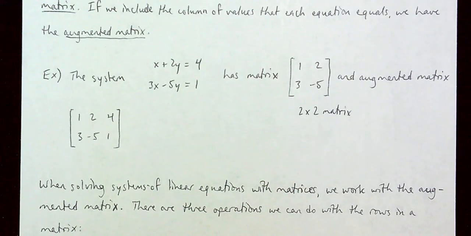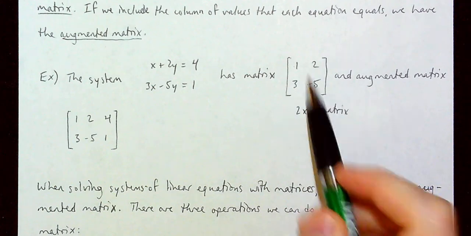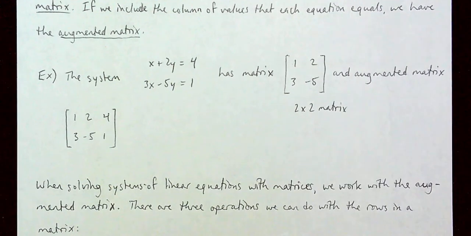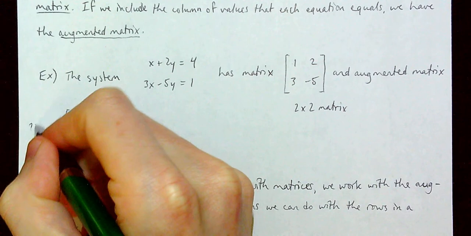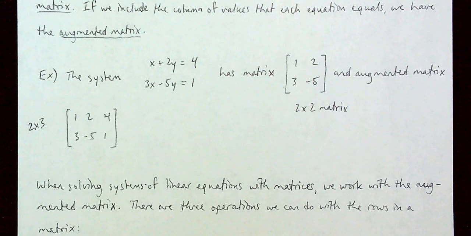When we refer to a matrix, we always refer to it by the number of rows that it has, followed by the number of columns. So this matrix has 2 rows and 2 columns, so we say that this is a 2 by 2 matrix. This matrix right here, the augmented matrix, would be a 2 by 3 matrix. We have 2 rows, and then 3 columns.